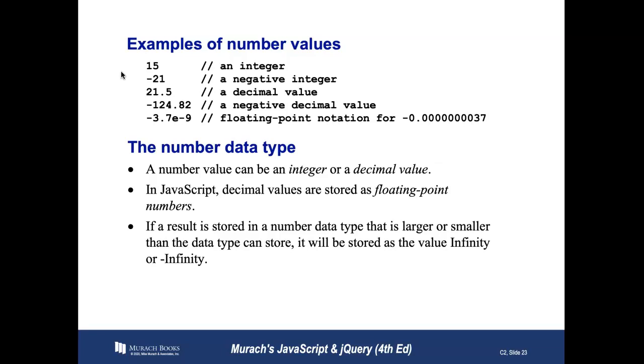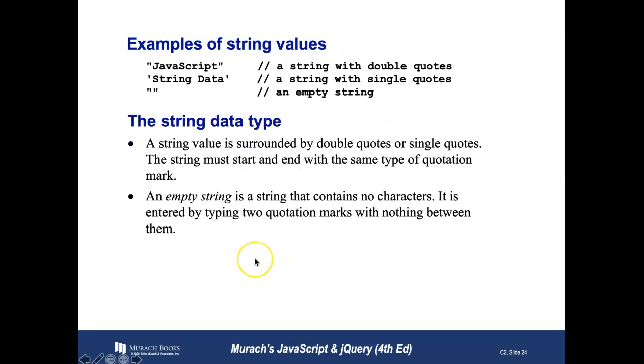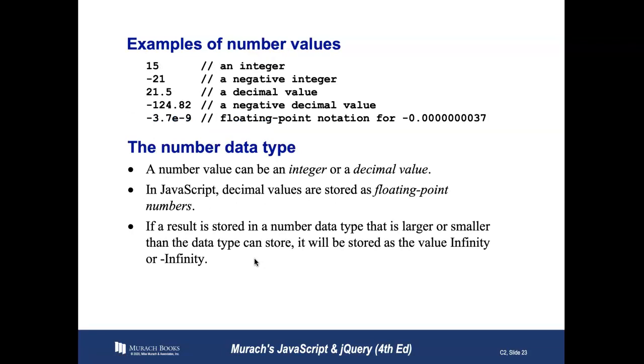Generally, decimals are stored as what we call floating point numbers, and the most important thing about that is you understand the word float, because float refers to decimals, and you're going to be using parseFloat as a function to turn numbers that have decimals away from strings into numbers. This is interesting too. If a result stored in a number data type is larger or smaller than the data type can store, it will be stored as the value infinity or minus infinity. That's probably not going to happen. I can't see a use case for that.